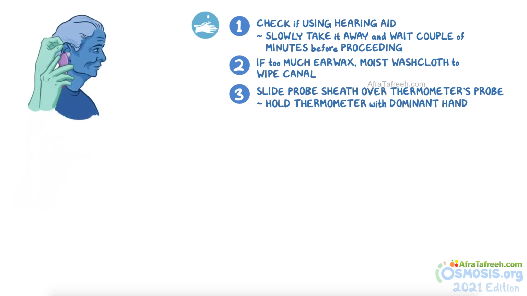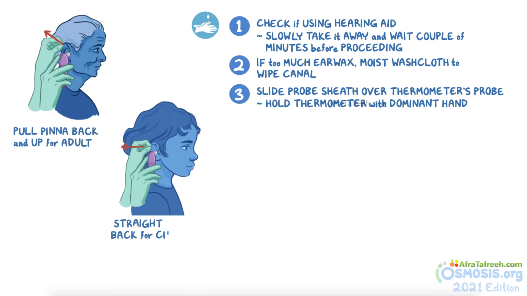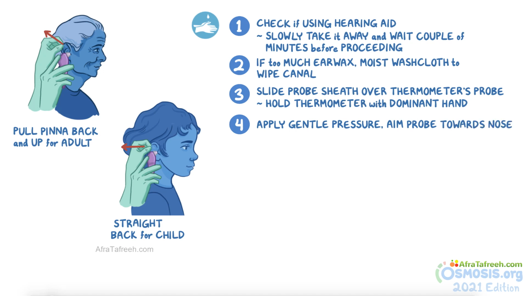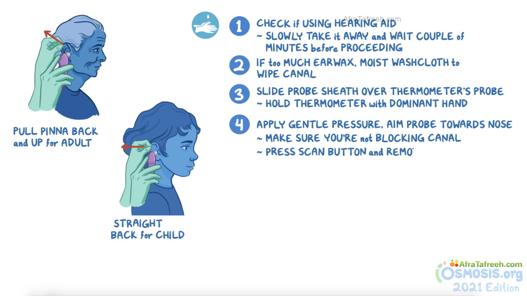Place the probe tip in their ear canal, pulling the pinna back and up for an adult, or straight back for a child. Applying gentle pressure, aim the probe towards the client's nose so that the beam gets to the tympanic membrane. Make sure you're not blocking the canal. Press the scan button and remove the thermometer when you hear the chime, usually after 1 second.